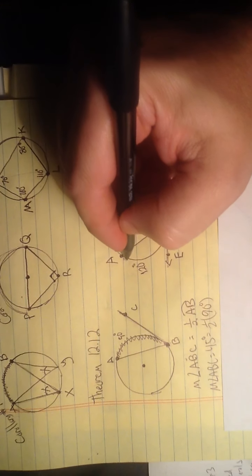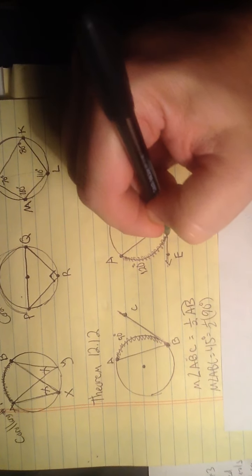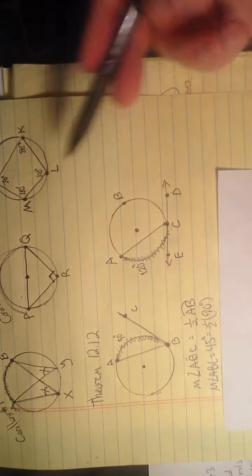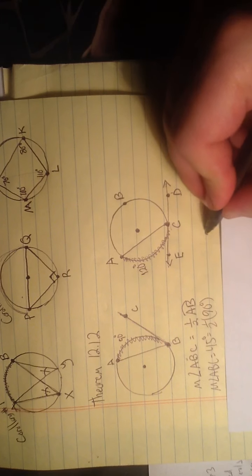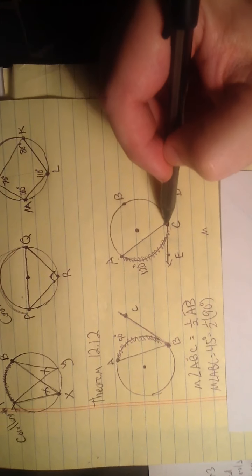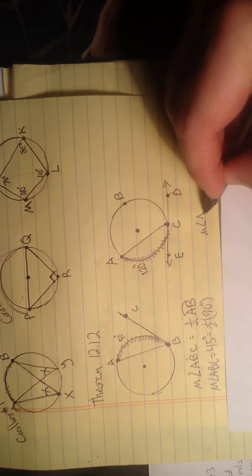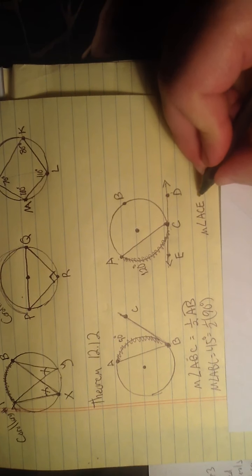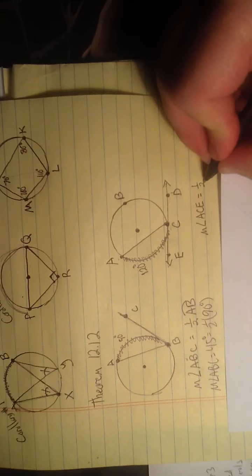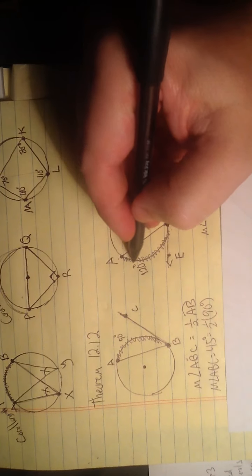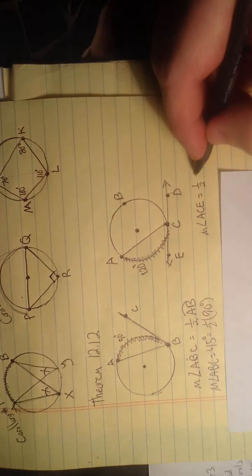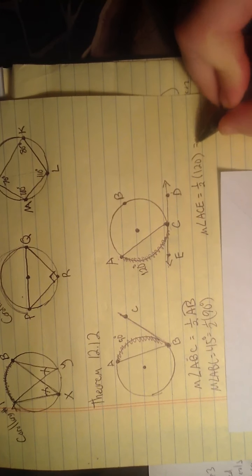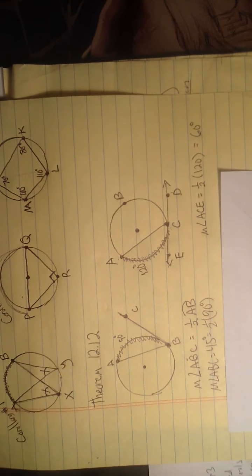Then according to the theorem, the measurement of angle ACE, remember the order of the letters is important, would be half of 120, because that's what's intercepted inside of this angle. So this angle would be 60 degrees.